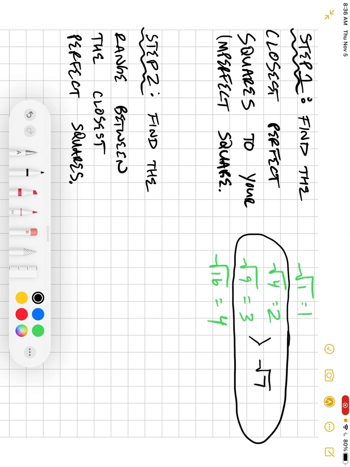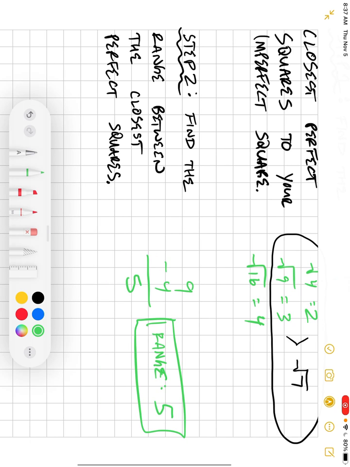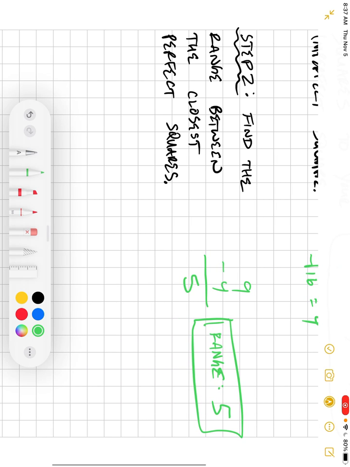So square root of 9 minus the square root of 4, the range is 5. Let me put that in the right color for us. So the range is 5. Okay? So now, step 3.